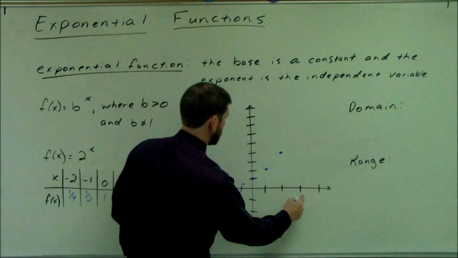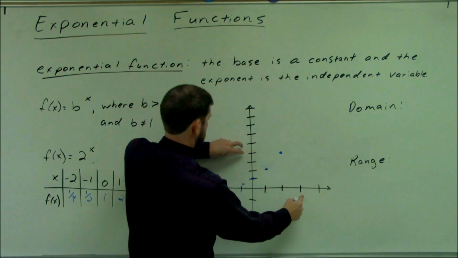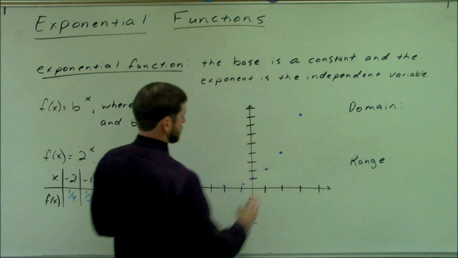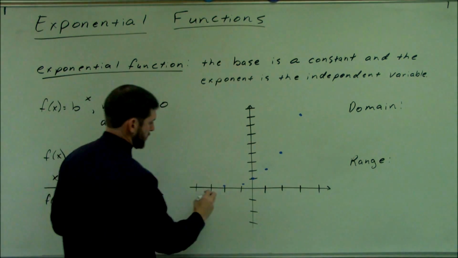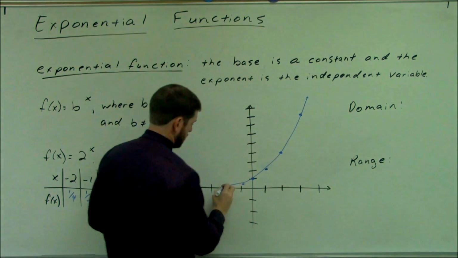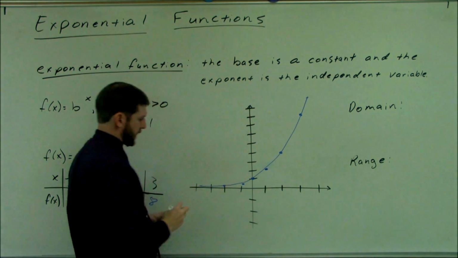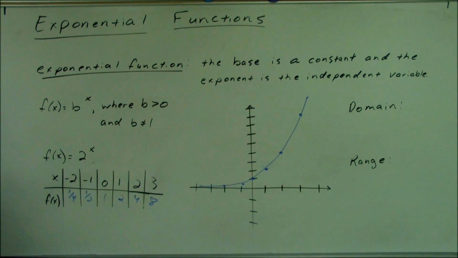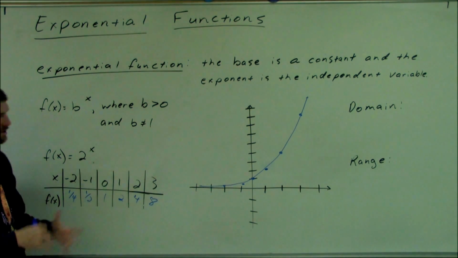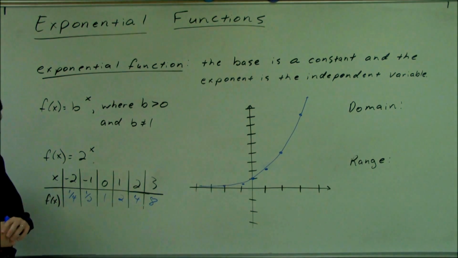And 3 and 8. Oh, that's a little difficult to do sideways, but as we connect that, we can see that we'll get that. Sorry about that. You can see we get that relationship right there. So this is the graph that we've produced from our exponential.